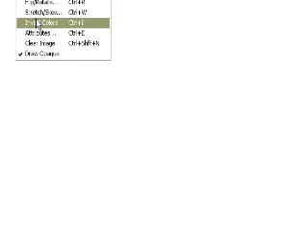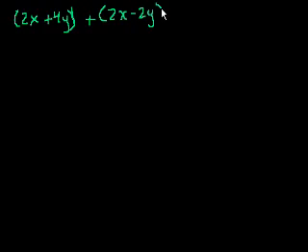The more examples you see, the better. So let's see. This one says 2x plus 4y plus 2x minus 2y y prime is equal to 0. So what's the partial of this with respect to y?